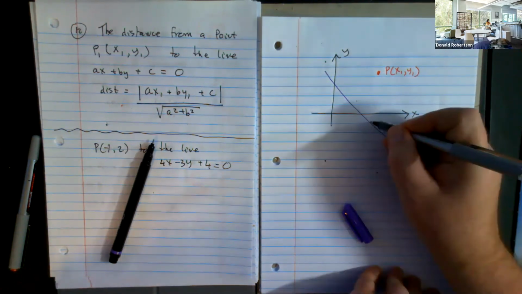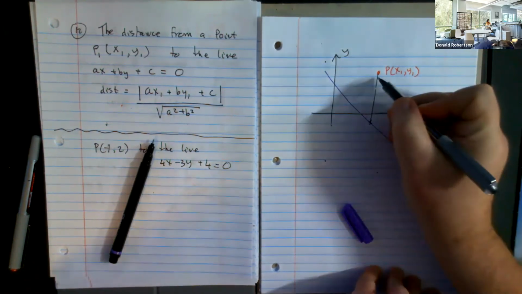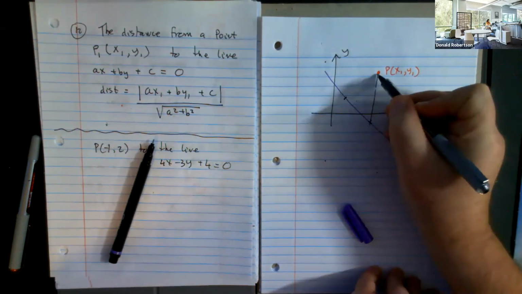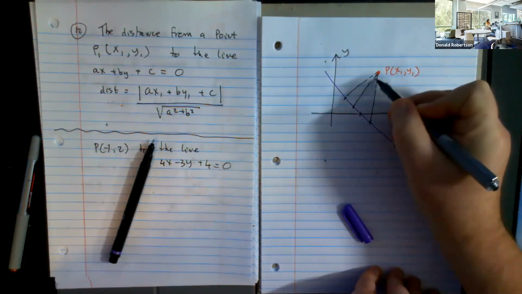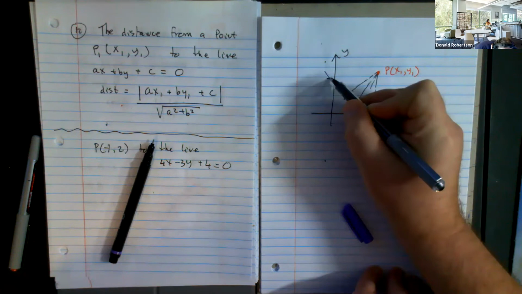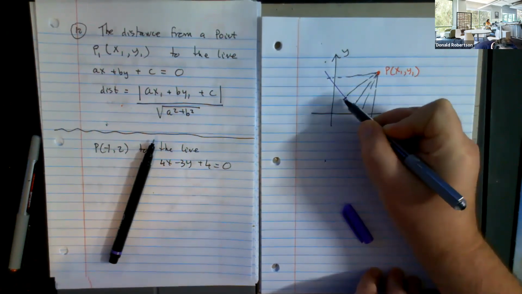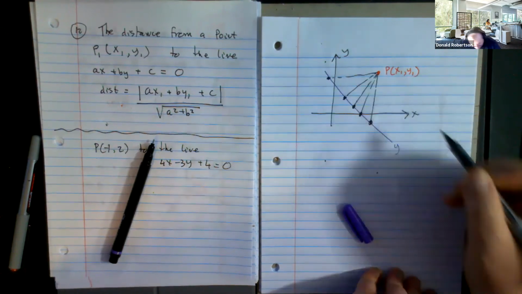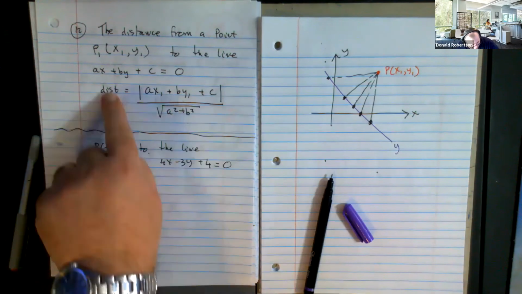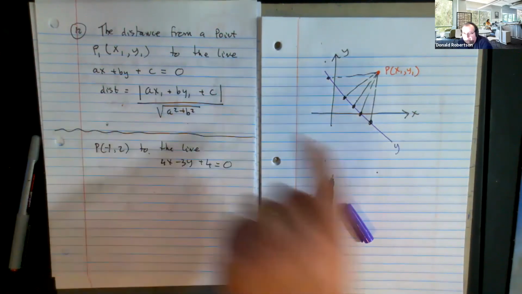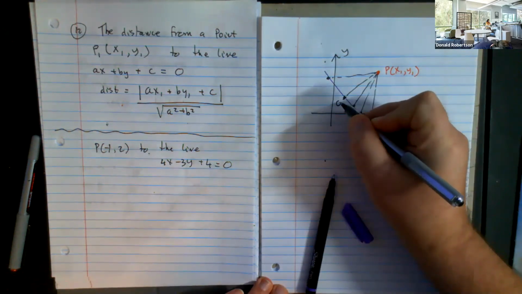Now, if I chose this point, would you agree that distance is not the same as this point, or this point, or actually this one up here either? If I wanted to find the shortest distance from this point to that line, this will calculate it for me. In fact, it's going to be that distance there.